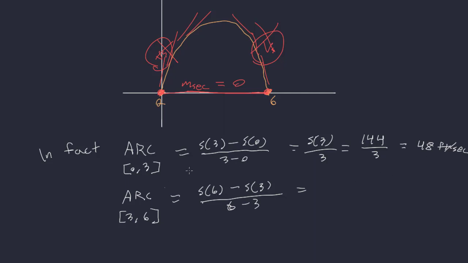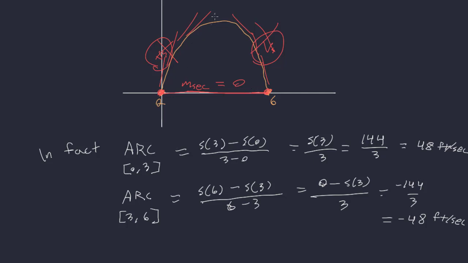And if we go through this again from 3 to 6, well, we already established that s of 6 is 0. So we'll get 0 minus s of 3 all over 3. So this will be negative 144 over 3, which is negative 48 feet per second.